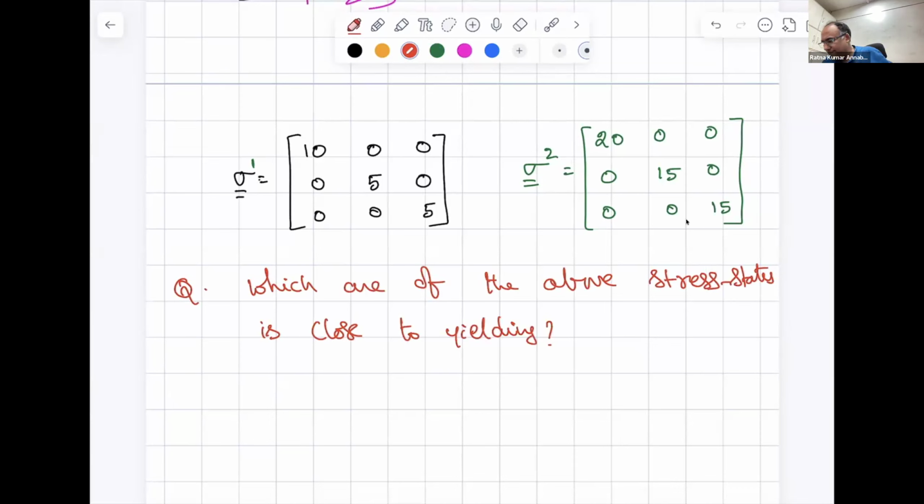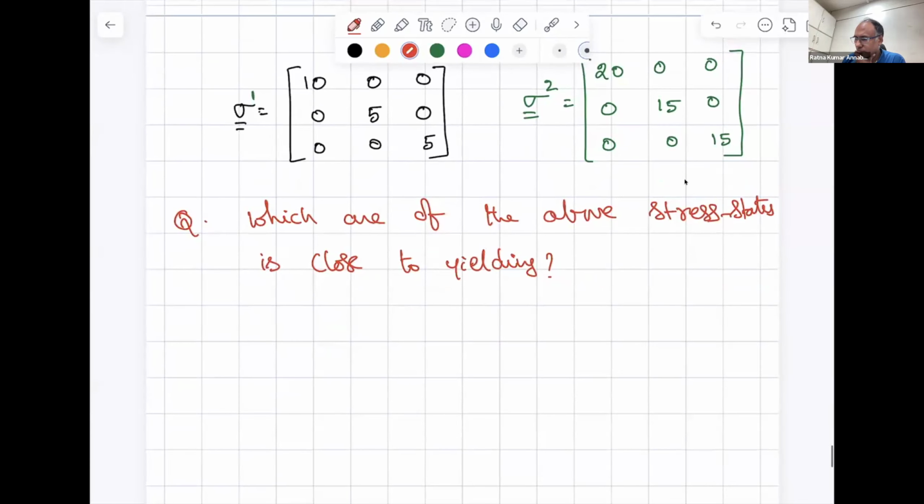Is the question clear? Yes, sir. Yeah. What do you think? So it has to be sigma 2.